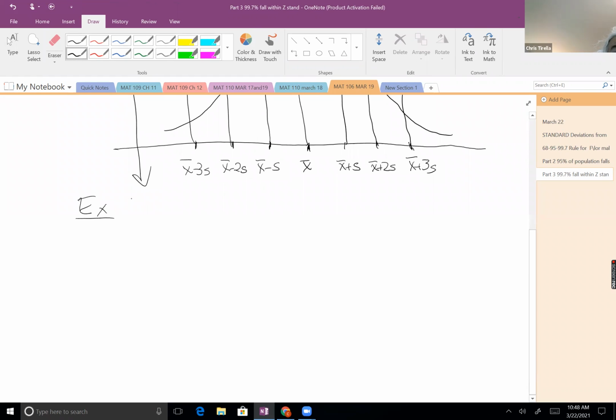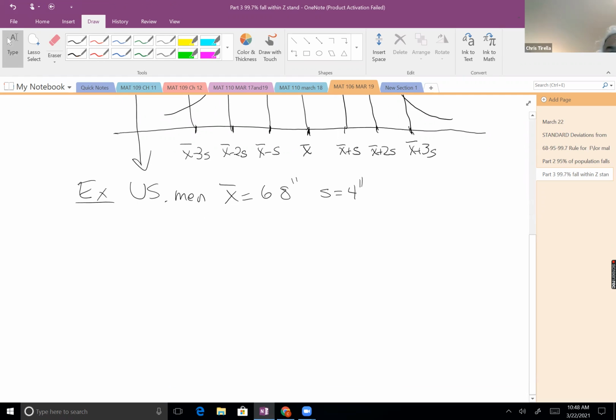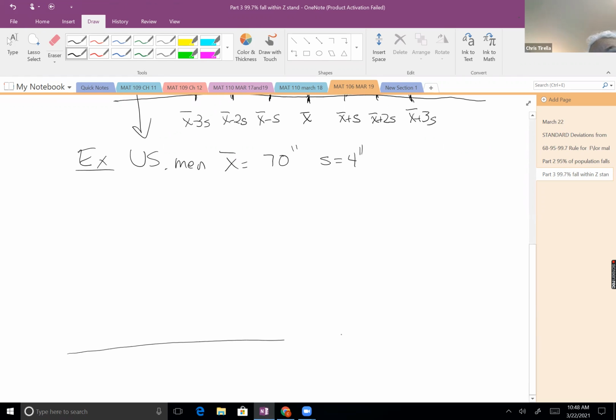like with our example with American men, with a mean of 68 inches and a standard deviation of 4 inches. I'm sorry, our mean was not 68. I'm having a brain fart. A mean of 70 inches and a standard deviation of 4.